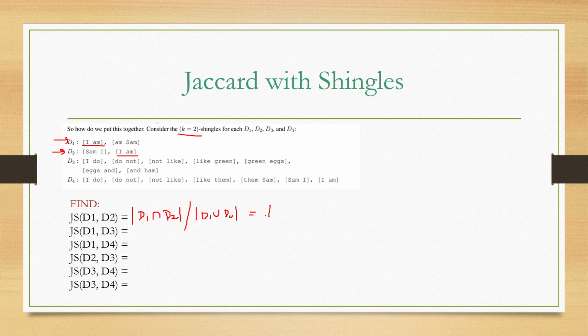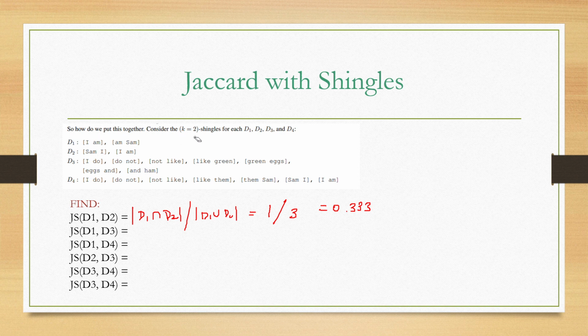So there is one intersection, divided by the total number of sets in the union, which would be "I am", "Sam", and "Sam I". So this is 3. So 0.333 approximately is the Jaccard similarity value for document 1 and 2.